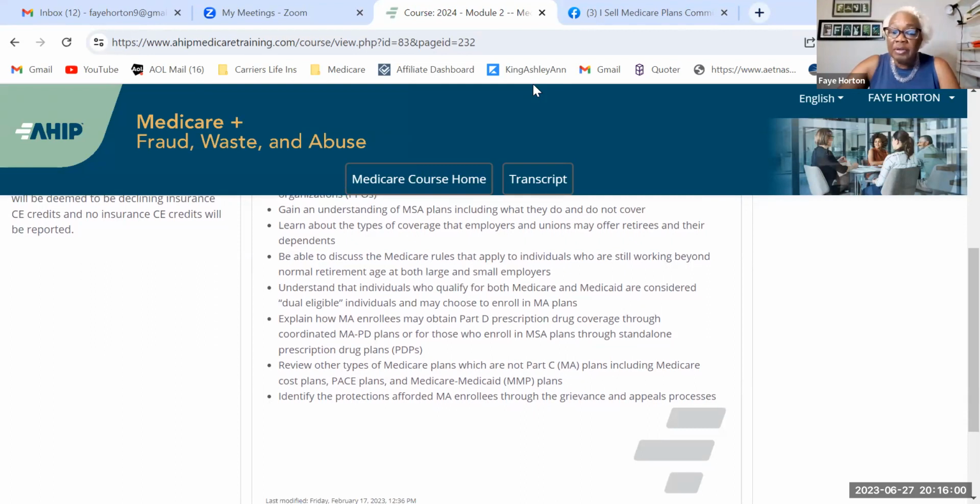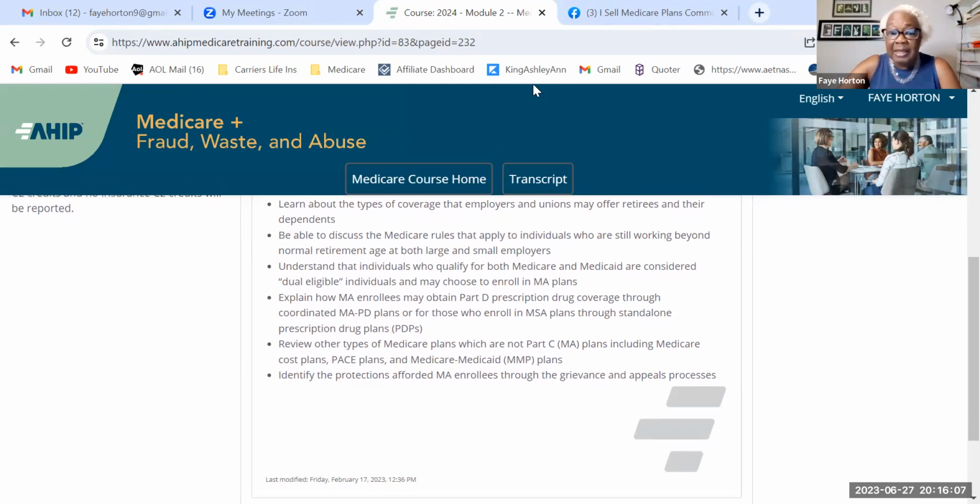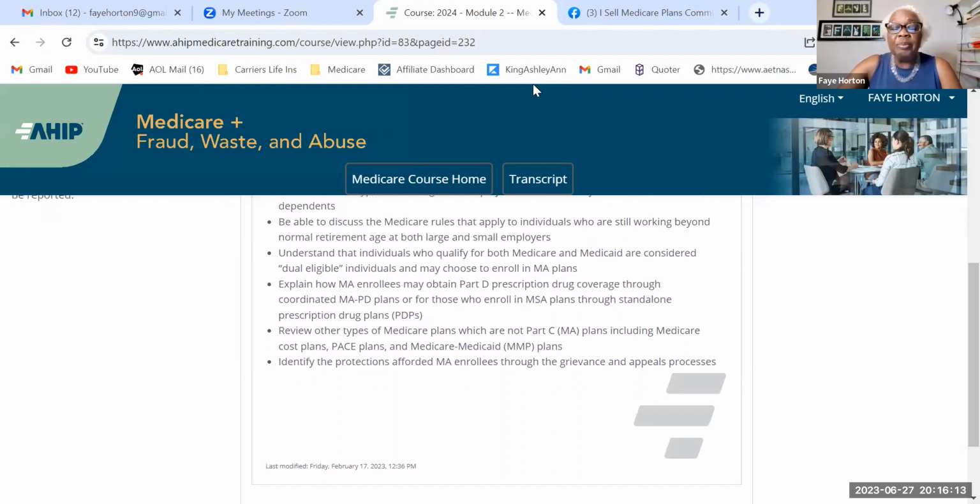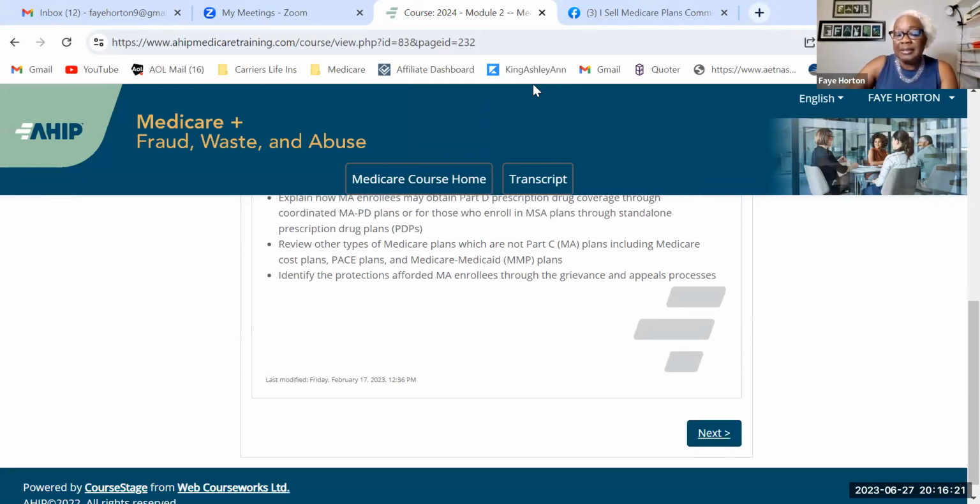You will review other types of Medicare plans, which are not Part C plans, including Medicare cost plans, PACE plans, and Medicare Medicaid plans. You'll be able to identify protection afforded Medicare Advantage enrollees through the grievance and appeals process.